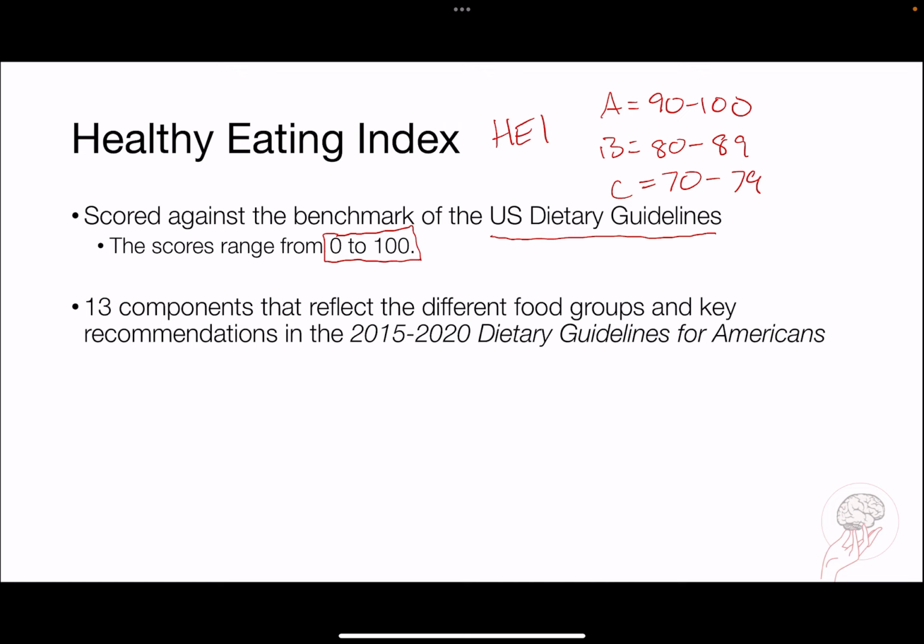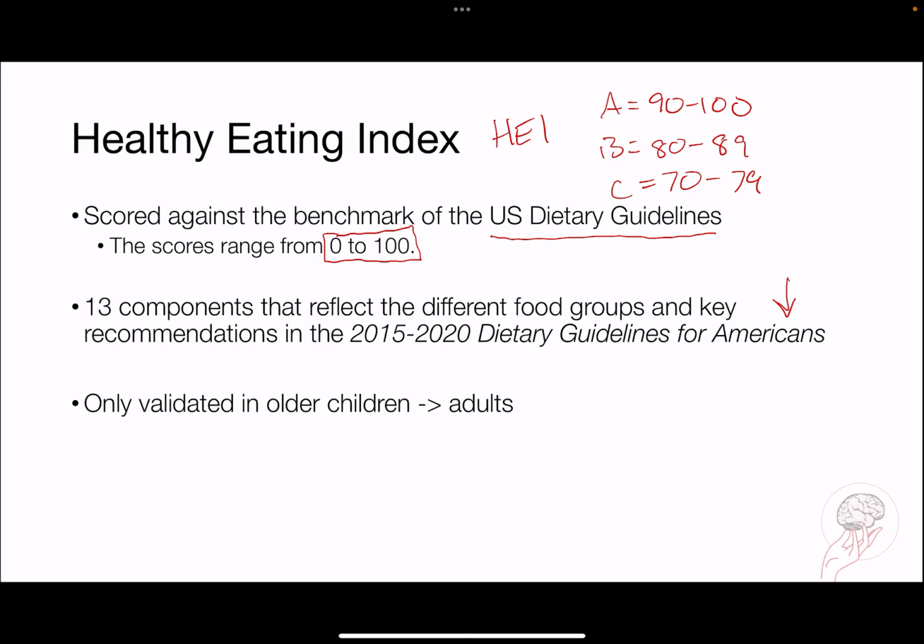The Healthy Eating Index is made up of 13 components that reflect the different food groups and key recommendations in the 2015 to 2020 guidelines for Americans. And they update these every 5 years. Right now, it is only validated in older children and adults.